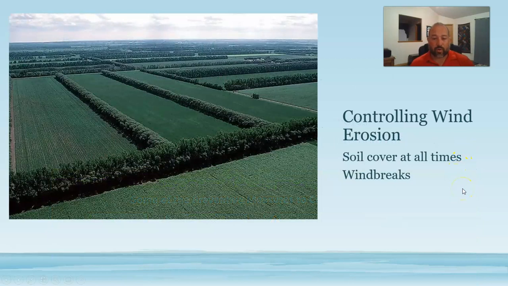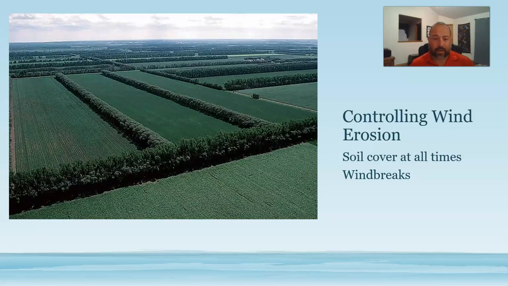In terms of controlling wind erosion, it's still the same thing, the idea of soil being covered at all times. The more we have our soil covered, the harder it is for the soil to get up and go. But another thing that we can do if we're in an area that really is problematic with wind is we can create windbreaks like we see in this picture on the left.